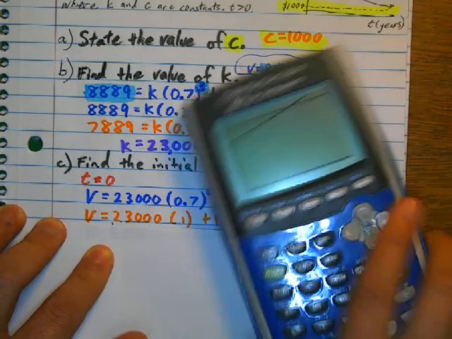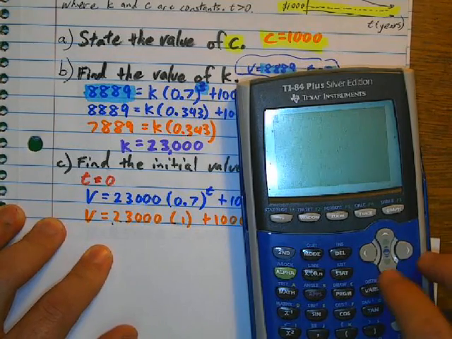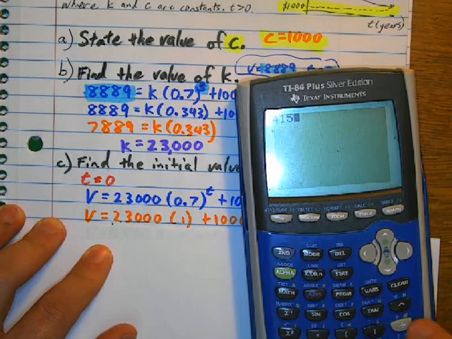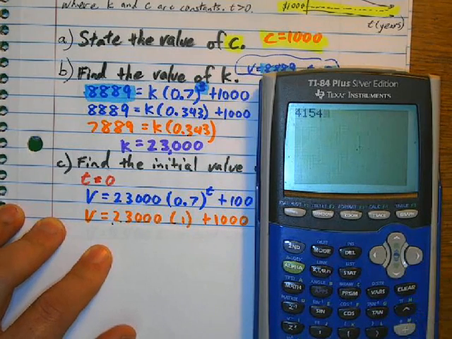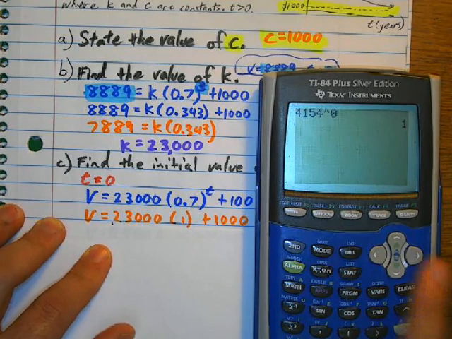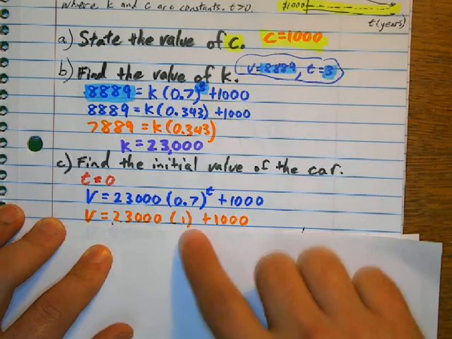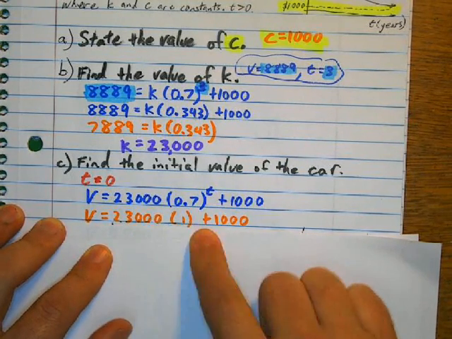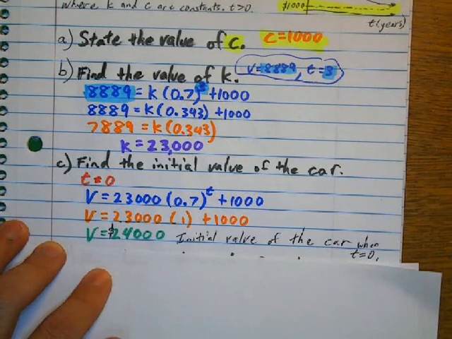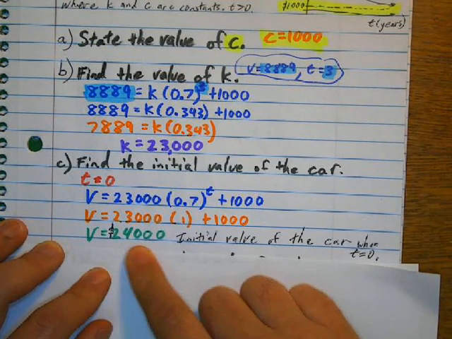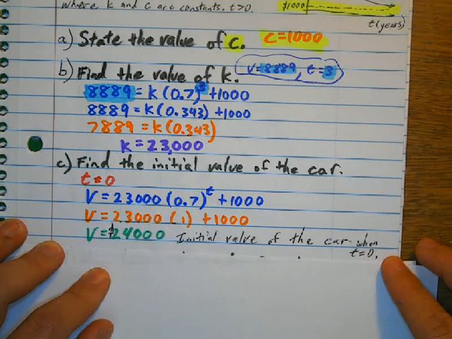So for example, I'm just going to type some random number, and caret to the 0 power, anything to the 0 power is 1. Okay, so I've got this plus 1,000, so V is going to be 24,000 at the initial time that the car was purchased.